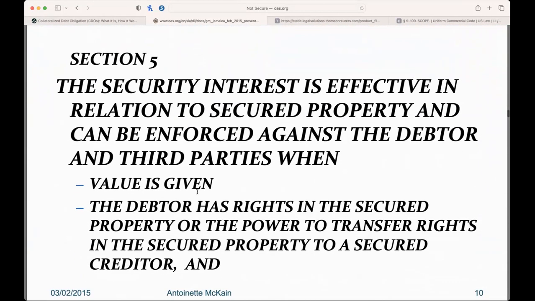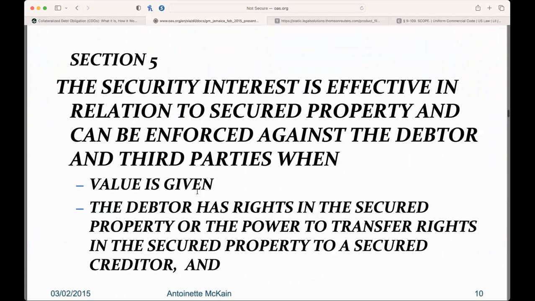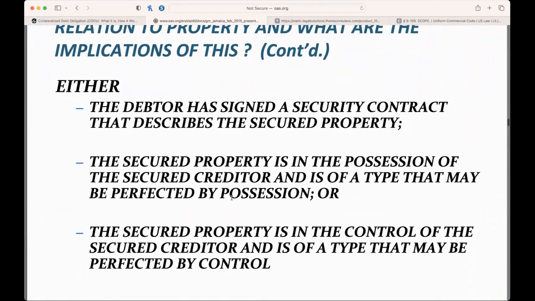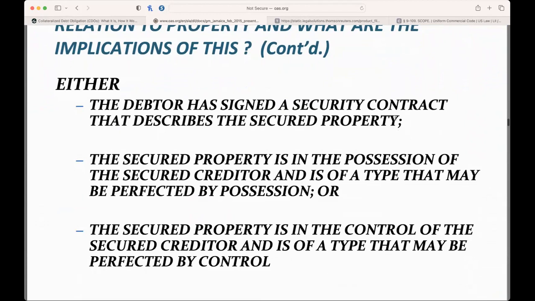The security interest is effective in relation to secured property and can be enforced against the debtor and third parties when value is given, the debtor has rights in the secured property, which we do, or the power to transfer rights in the secured property to a secured creditor, and either the debtor has signed a security contract, which we do, that describes the secured property, which I would say it improperly describes, the house or the vehicle. It's going to put the VIN number, the color, the doors, and everything. So this is misleading.